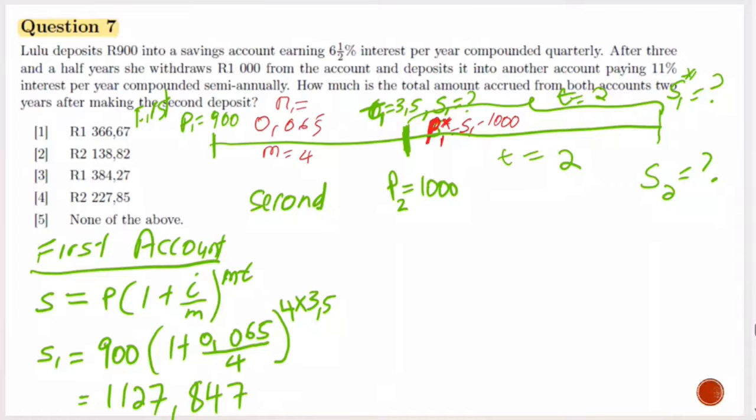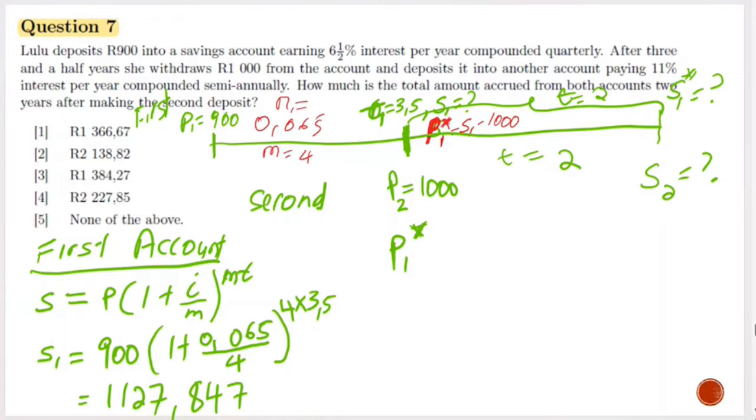Remember, we said your S1 is for the first account. This amount is going to be reduced, because remember, it says Lulu withdraws 1,000 from this original account. So when she withdraws this, I am going to have a new amount, which is going to be my P1 star.